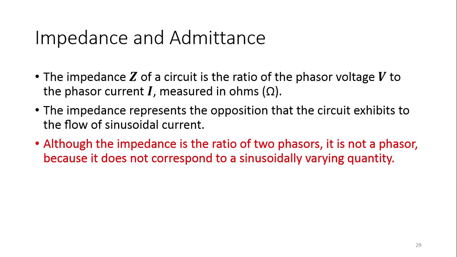For frequency f1, let us say it has the value Z1, then it would remain Z1 for all amplitude values. But if we are working at frequency f2, then its value will change, but it is not sinusoidally varying. It is a constant quantity for that given frequency. So we do not call it a phasor, although it is dependent upon the frequency.